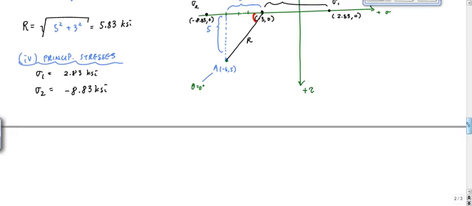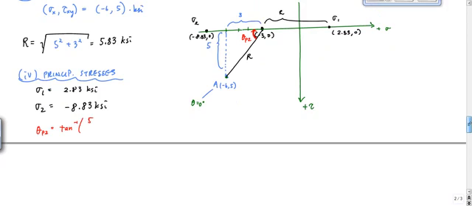So here, the angle to get to the second theta P2, right here, I'll call that theta P2, is just, again, by simple geometry, inverse tangent of the opposite over the adjacent. 5 over, we said 3.